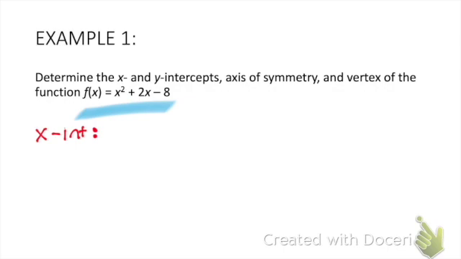First, I would always check, is it factorable? Are there factors of -8 that get us to 2? Yeah, +4, -2. So this factors to (x plus 4)(x minus 2) equals 0, which tells me my solutions are -4 and +2.